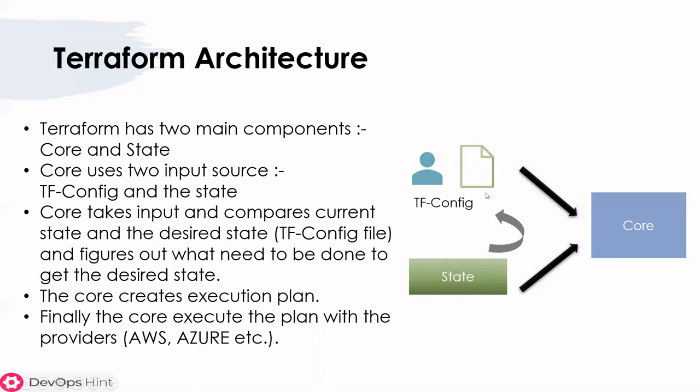Suppose you want 5 servers, and from the state it fetches the current infrastructure, where 3 servers are already there. The core compares: my requirement is 5 servers and I already have 3 present, so it will only create the two new ones. And the second component is the provider.